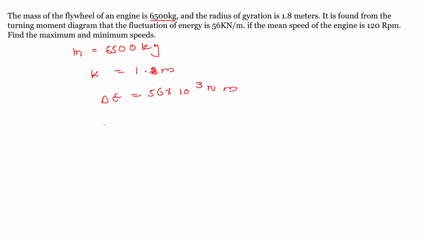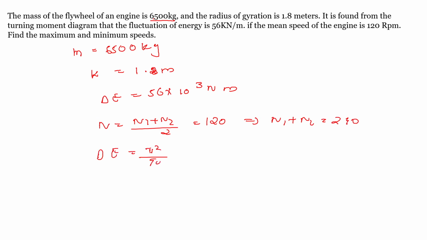Now N is equal to (N1 plus N2) divided by 2. It is given as 120, so you can get N1 plus N2 is equal to 240. Now delta E you can write as pi squared divided by 900 times m k squared N times (N1 minus N2).